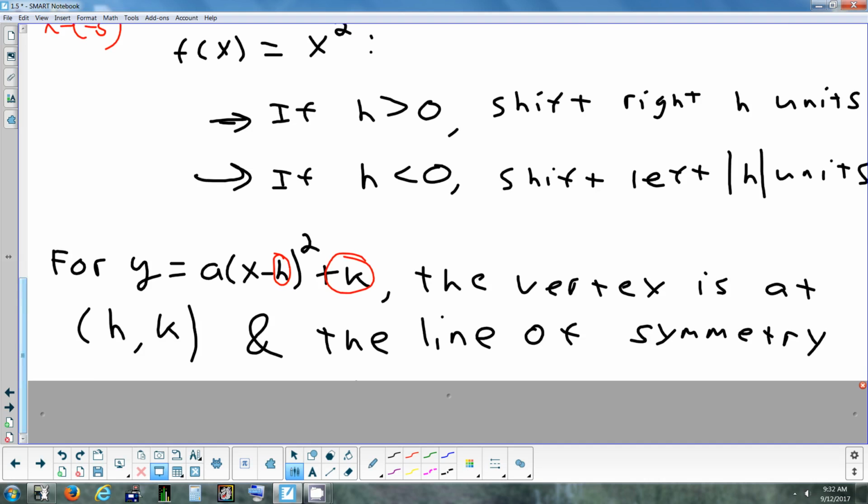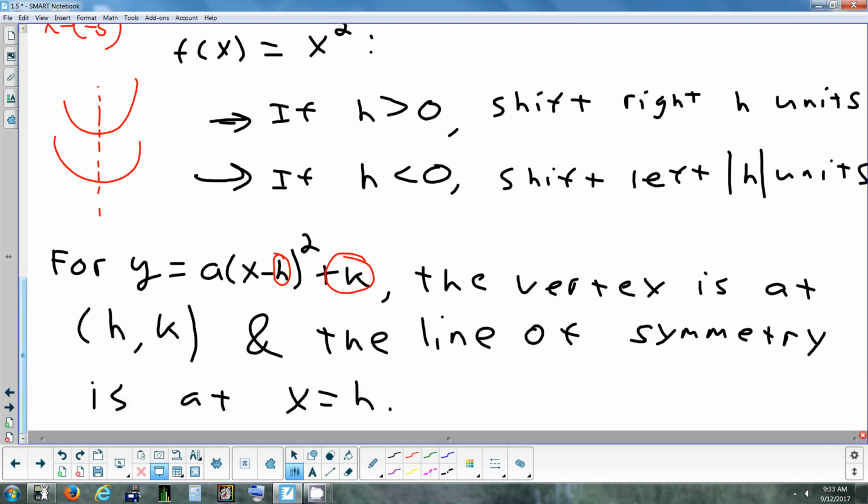Shifting something up and down, if that's a line of symmetry, and you shift up, it's still the same line of symmetry. Same thing with shifting down. So the only thing that affects the line of symmetry is when you shift left or right, and that's controlled by h. k has nothing to do with the line of symmetry. And we mentioned this yesterday, because it's a vertical line, the equation is x equals h.